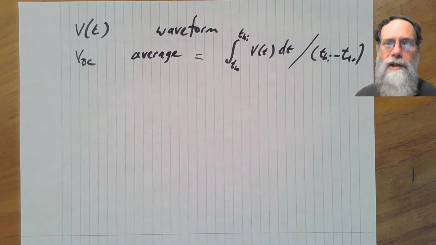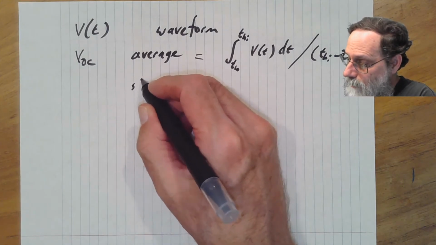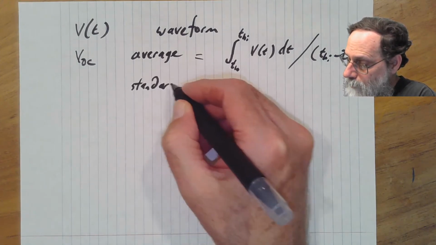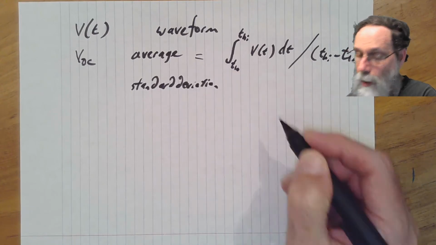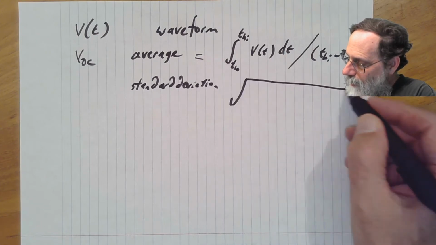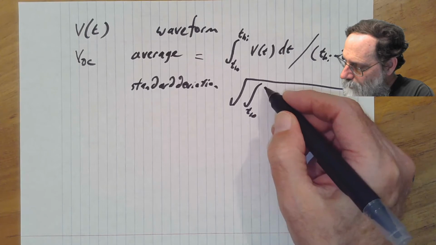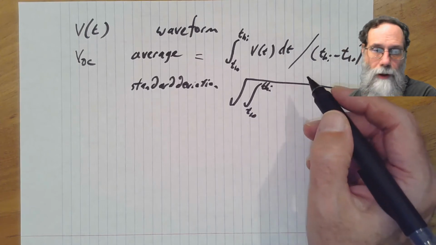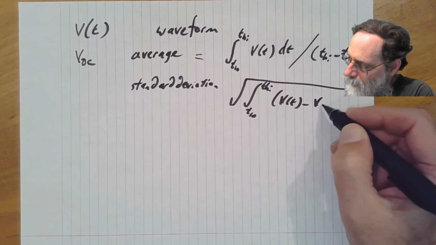Now, if we want to summarize the time varying part, something that people often look at is what's called the standard deviation. Which is going to be the square root of the integral of the voltage minus the DC voltage.